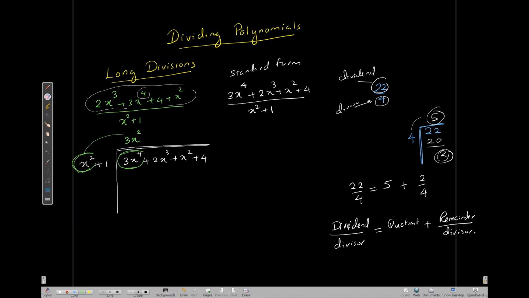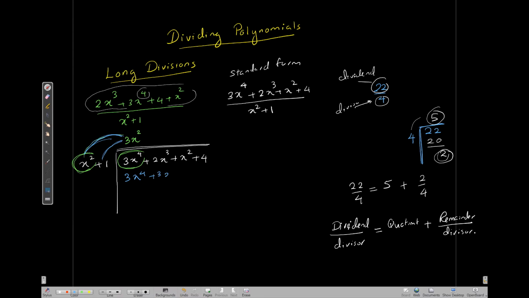So the next step, you actually multiply these two and write it underneath this. So 3x to the 4th, those two terms. And then with this plus 1, when I multiply 1 by 3, I get 3x squared. Now you have to be very careful here.